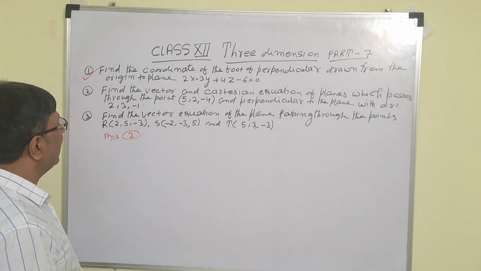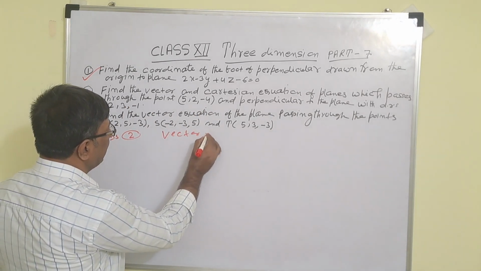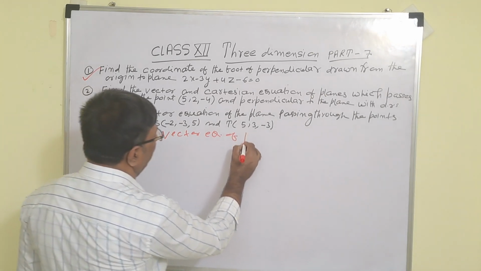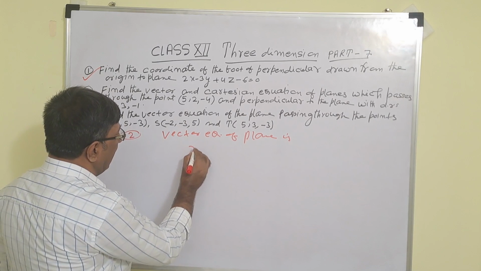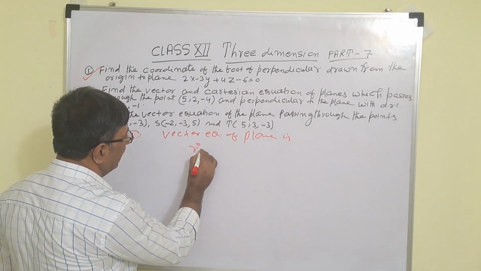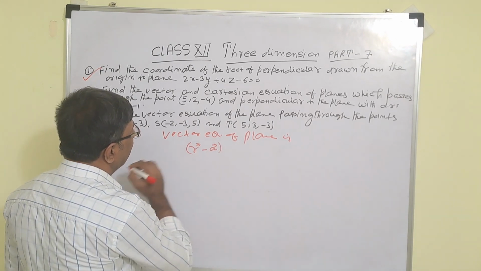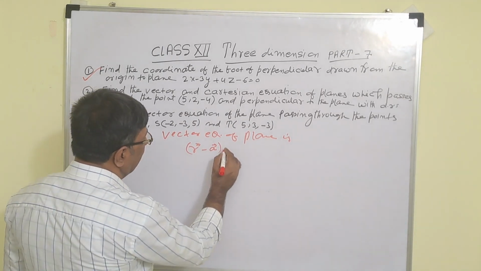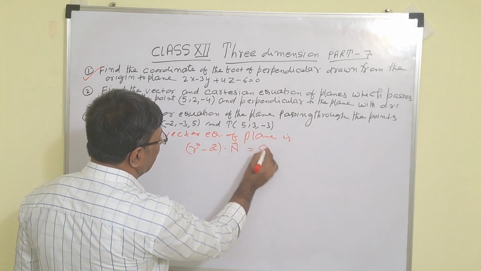So our formula is: the vector equation of the plane is (r vector minus a vector) dot n vector equal to 0.